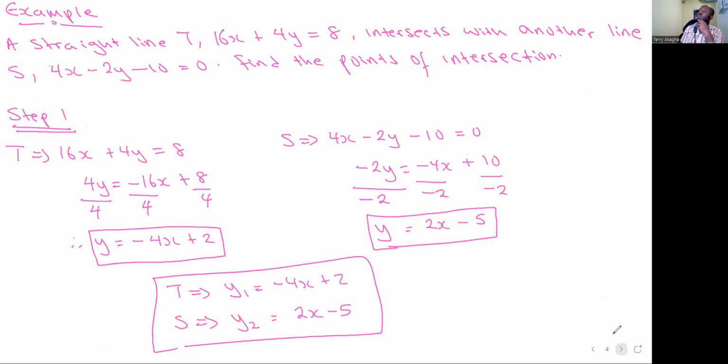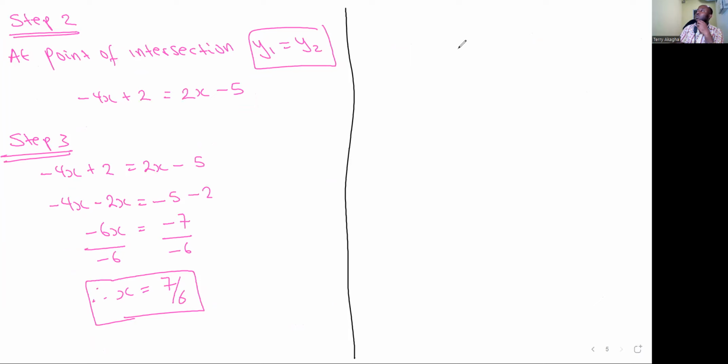So what I'm going to do is write this in another slide so that I can solve with both of them. The reason I want to solve with both is to show you that you will still get the same answer regardless. Okay, so let's move on then.